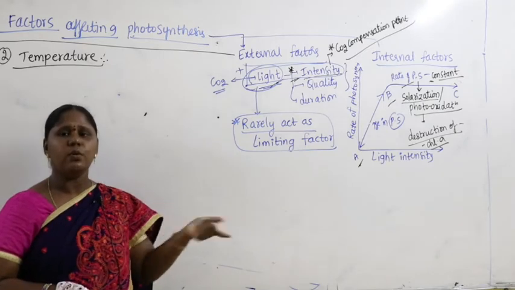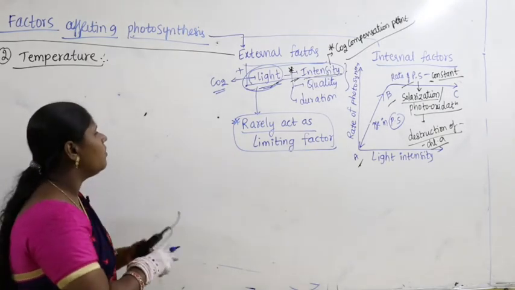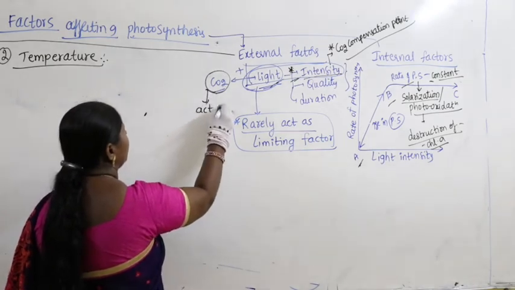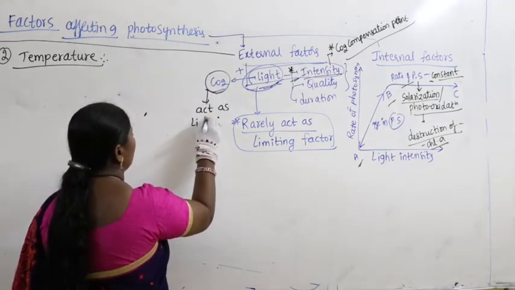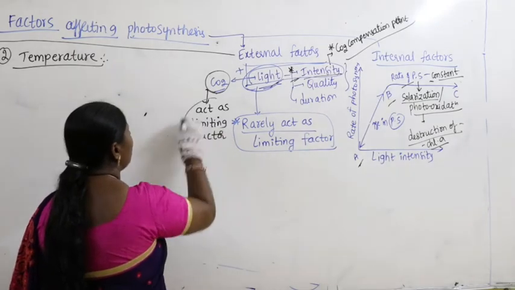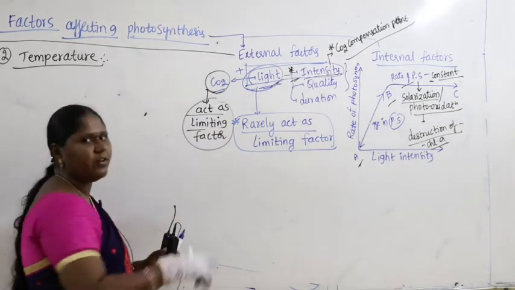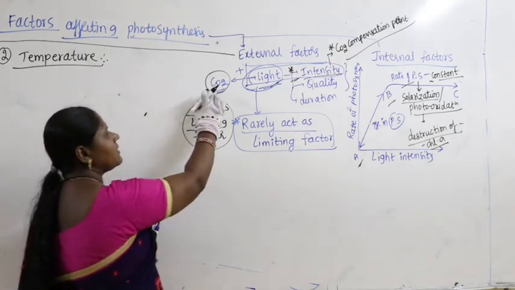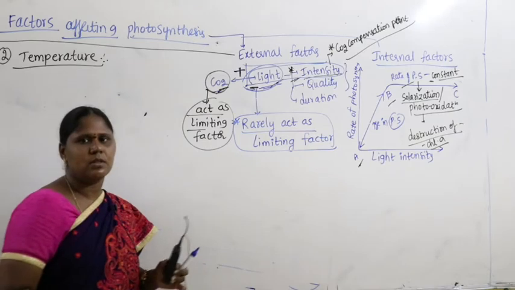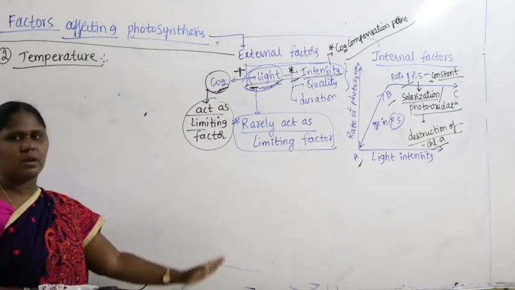Then who mostly acts as a limiting factor? Mostly carbon dioxide acts as a limiting factor. How carbon dioxide acts as a limiting factor, and how carbon dioxide along with light influences photosynthesis, we will study in the coming concept.